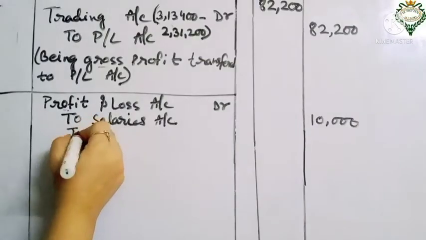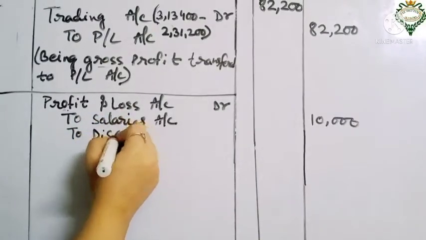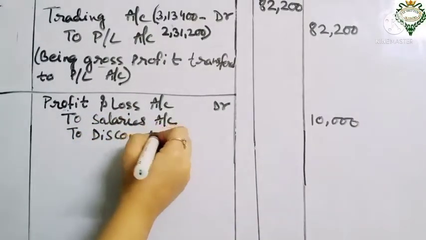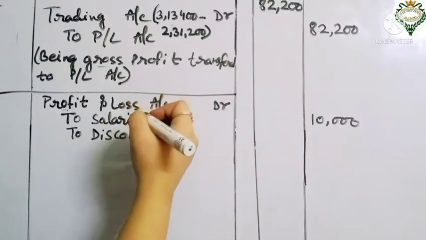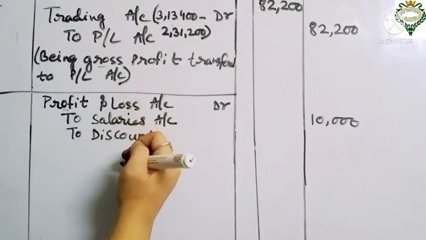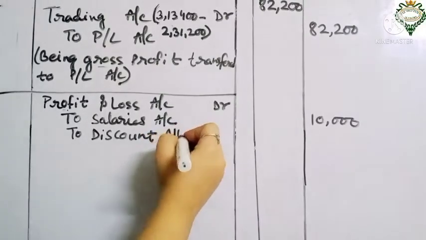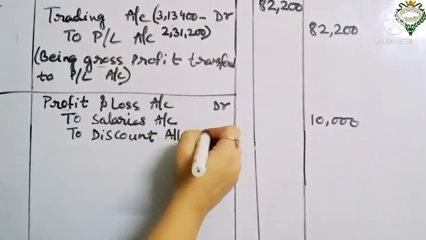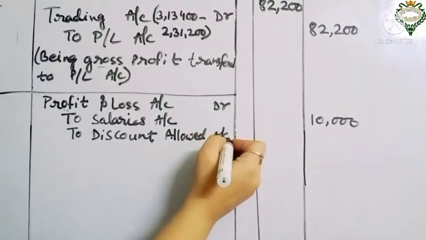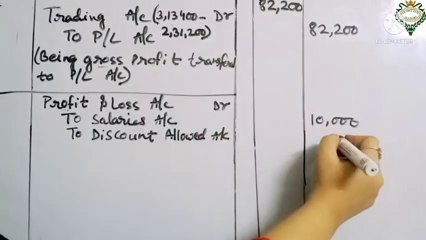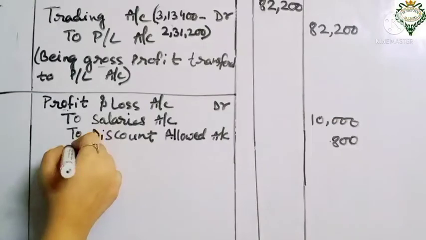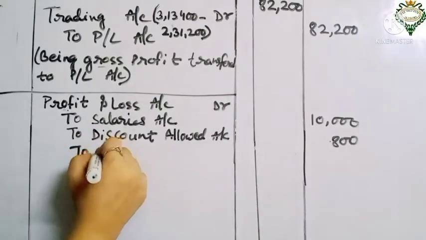Then to discount allowed. From all this we get the profit or loss, so that is why that comes under the profit and loss, okay. So you have to remember this. Discount allowed account, the amount is 800. Then to carriage outwards.